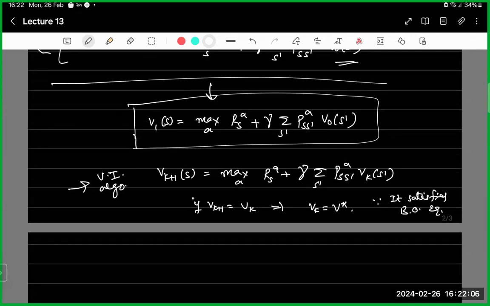Roughly we want Vk plus 1 equal to Vk. So you set some small epsilon maybe and run it till Vk plus 1 is very close to Vk. Okay. So then you will converge to a very good approximation of V star.